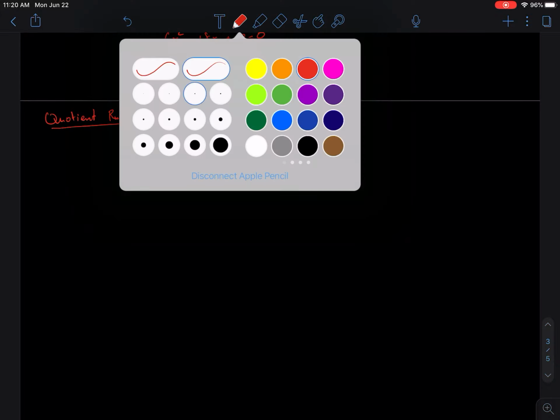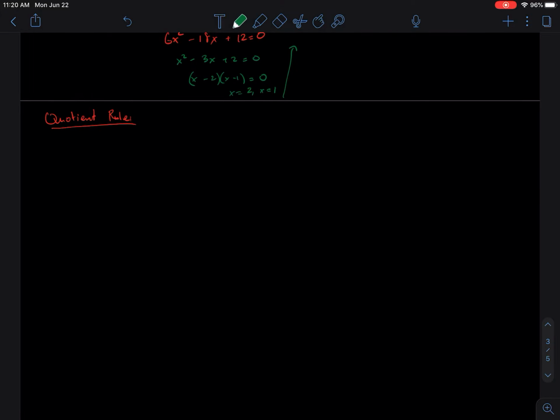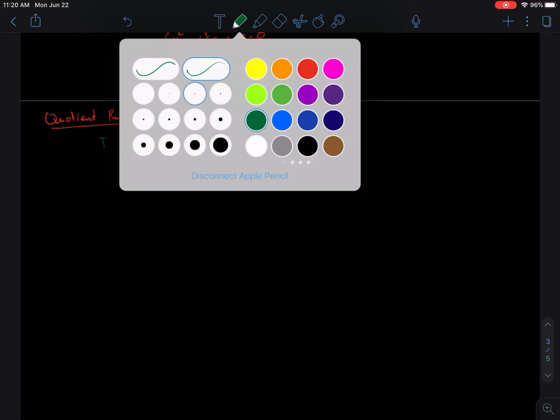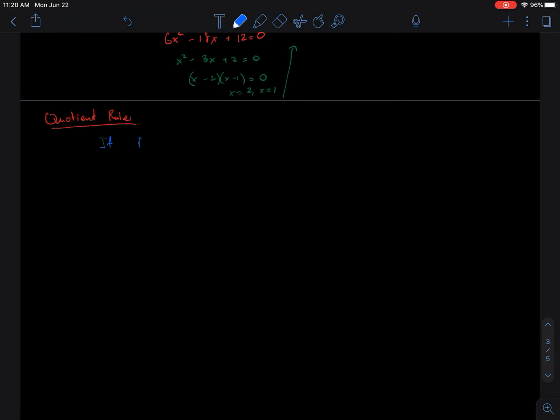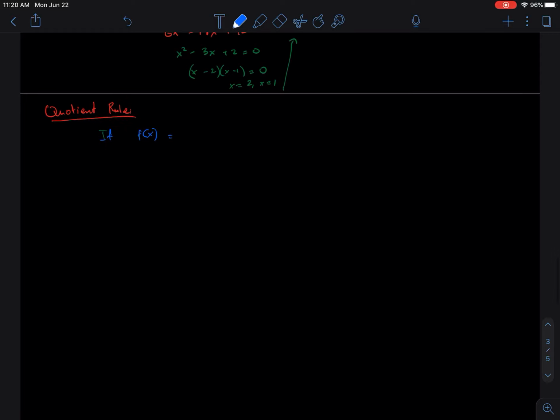Okay, this will say that if we're given a function f of x that is two functions being divided, let's say this is the top function u of x, this is the bottom function v of x.